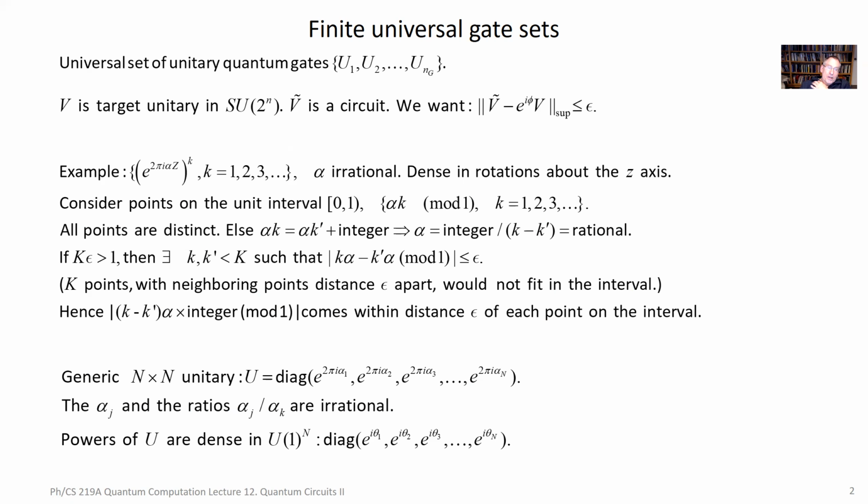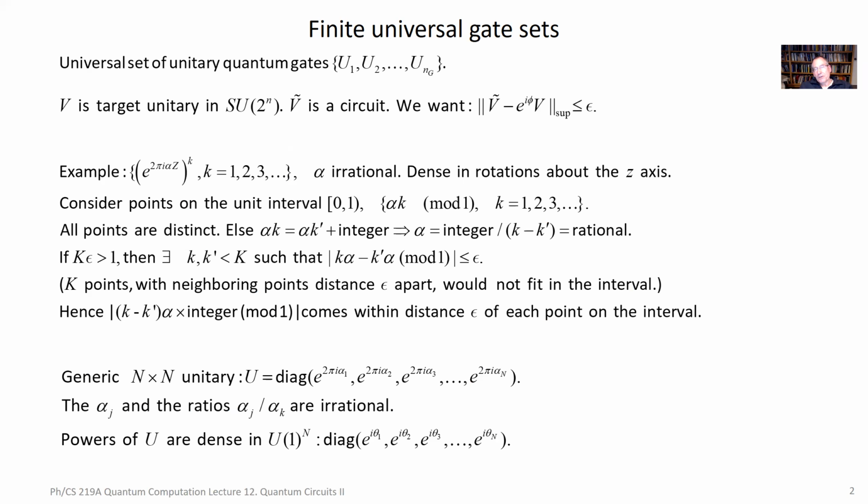Well, you can see this is really equivalent to the following question, because the rotations are compact, because e^{2 pi i Z} is equal to the identity, since Z has eigenvalues plus and minus 1. The rotations are equivalent to a circle. You can think of that as a periodically identified unit interval.